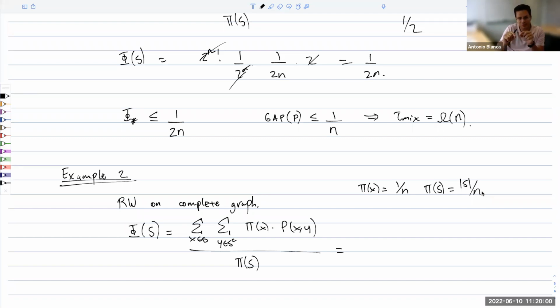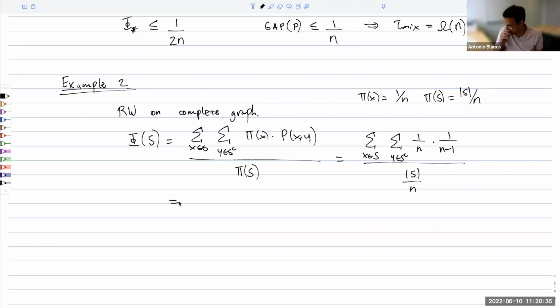So from a vertex we have n minus 1 possible choices. So this is the summation over X in S. And then for every Y in S complement, the probability of X is 1 over n, and the probability that we go to Y is 1 over n minus 1. Every vertex is chosen with the same probability. This is S over n.